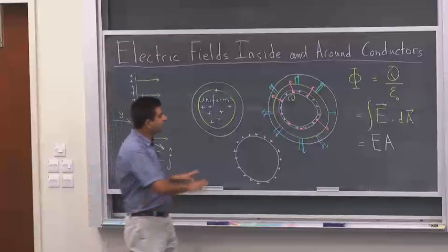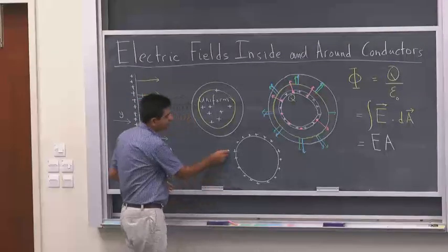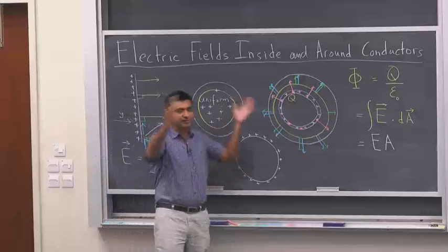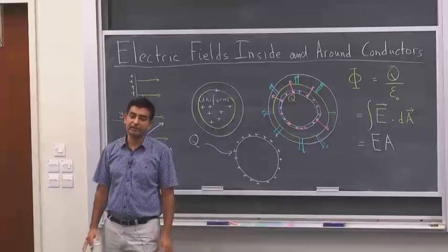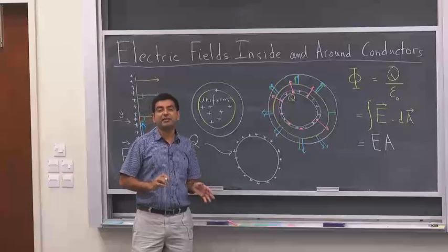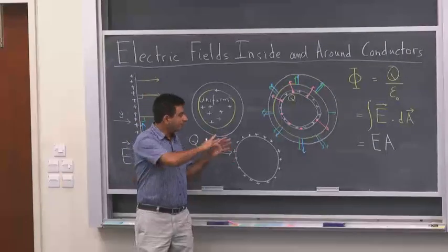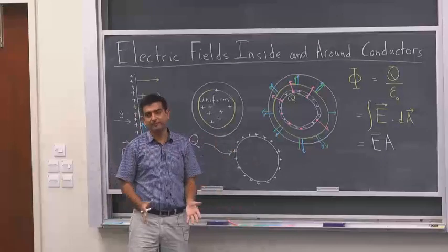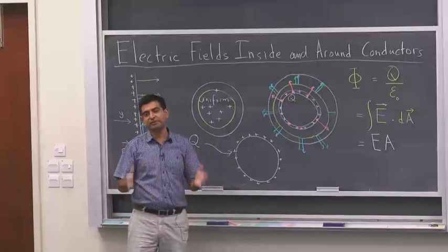So if this were a metallic object that were charged with an amount Q, all of that Q will equally distribute itself on the surface of the sphere. Since it's a uniform sphere, the only way the charge can distribute itself on the surface is uniformly.